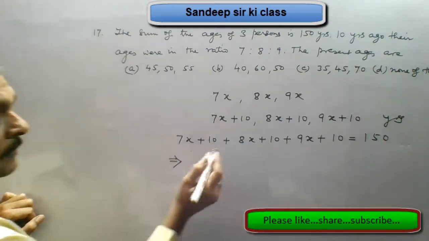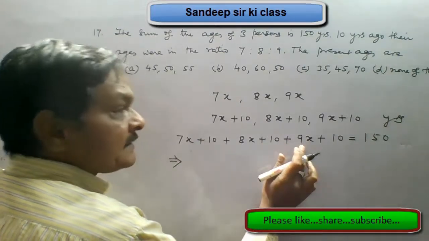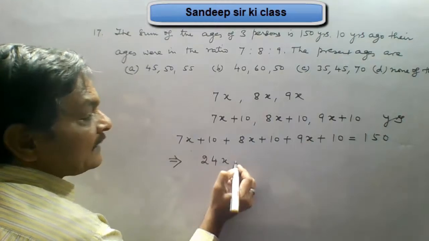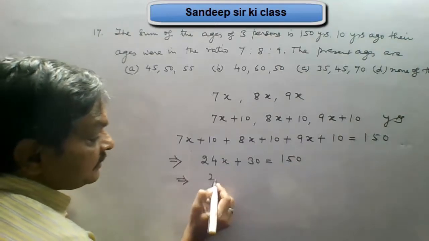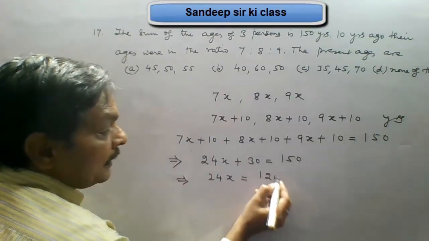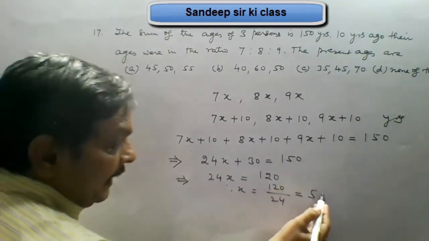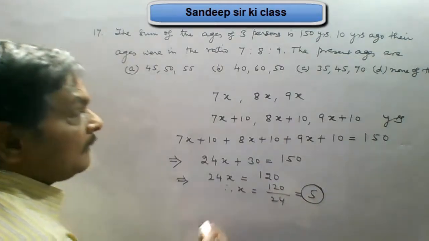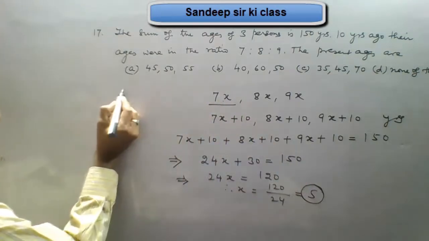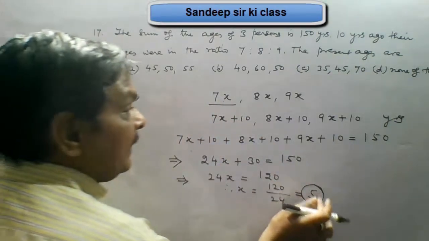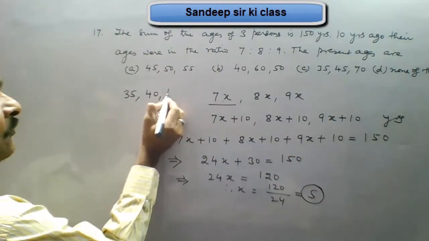This gives us 7x plus 8x, 15x, plus 9x means 24x plus 30 is equal to 150, which gives us 24x is equal to 120. Therefore, x is equal to 5. Now, if the value of x is 5, then 10 years before, the first person would be 7 into 5, which is 35, 8 into 5, which is 40, and 9 into 5, which is 45.